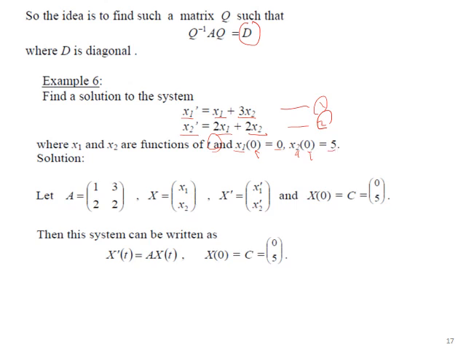This is A, 1 3, 2 2, and for X, x1 x2, and for X dash, x1 dash x2 dash, and for the constant, 0 5, X of 0. Okay, now this is the system of equations with the condition. We wrote it in matrix form.